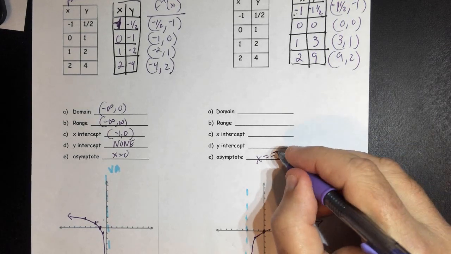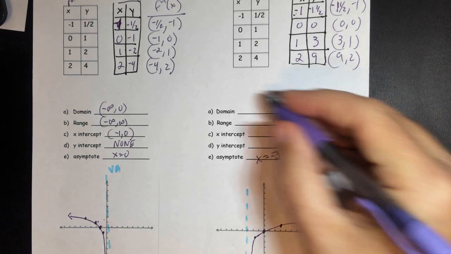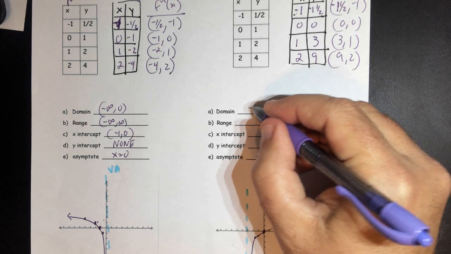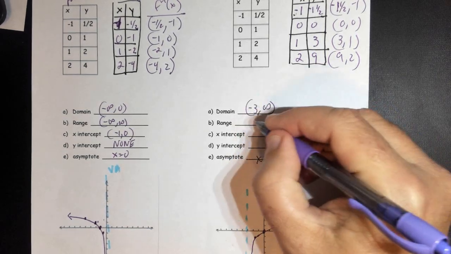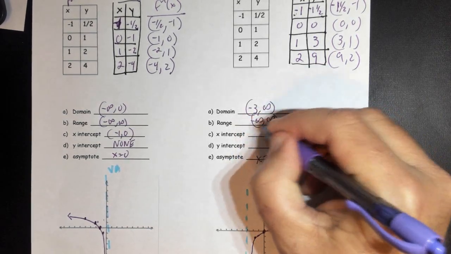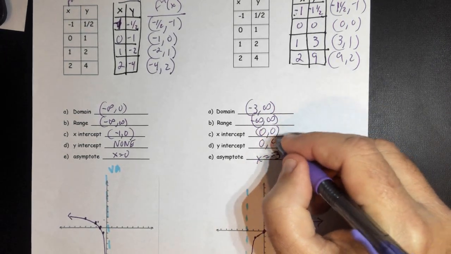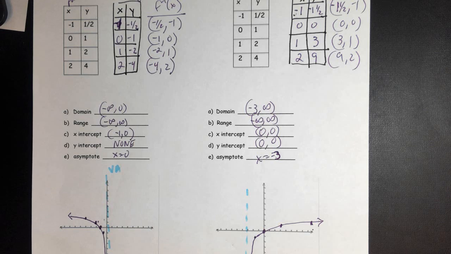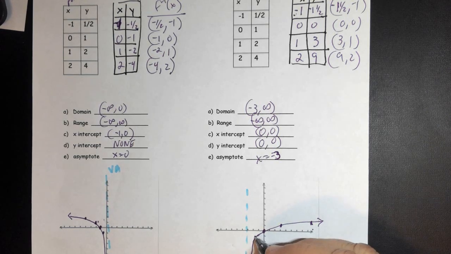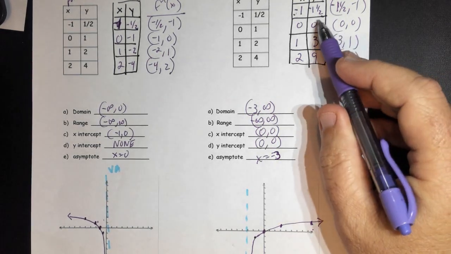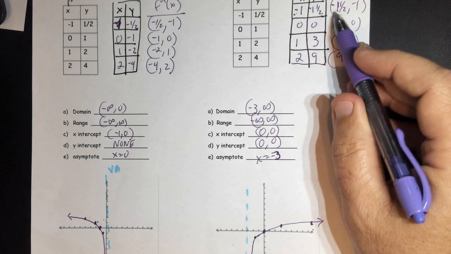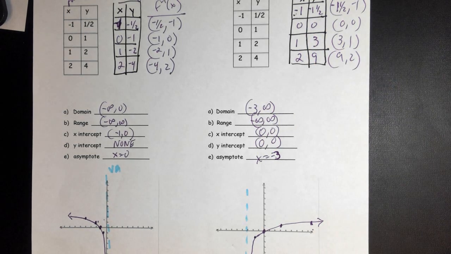My domain, let me write that better, is now negative 3 to infinity, all the numbers from our range. X-intercept (0, 0). Y-intercept at (0, 0). Sorry about that little confusion. Remember, this point would have been (-1/2, -1), I just didn't flip it over. Alright, so there is my inverse.